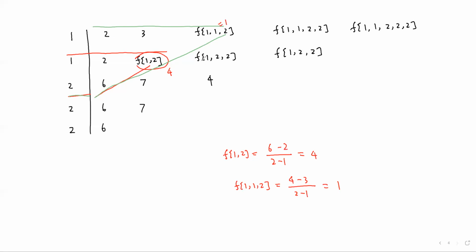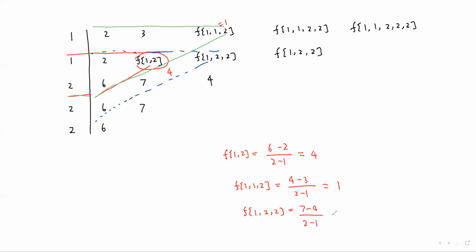For this number, draw a triangle. Then we get F[1,2,2] is equal to number 7 minus number 4, over this 2 minus this 1.